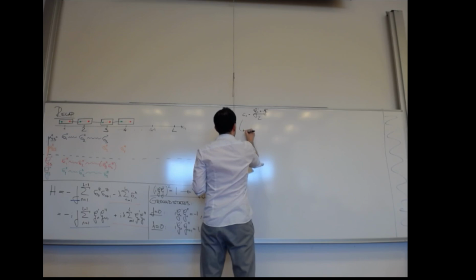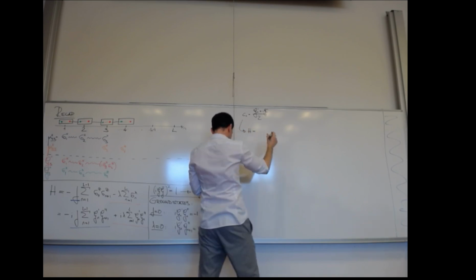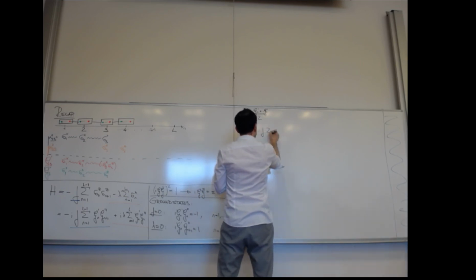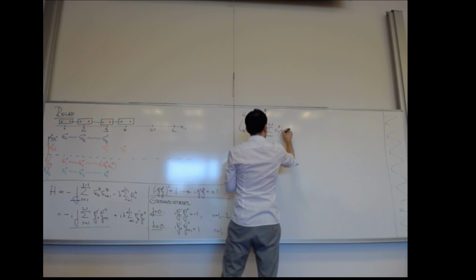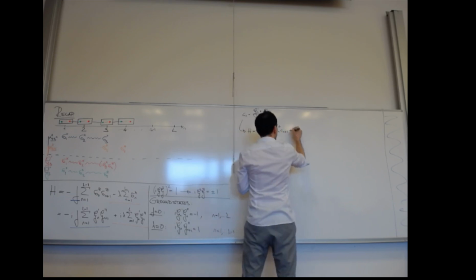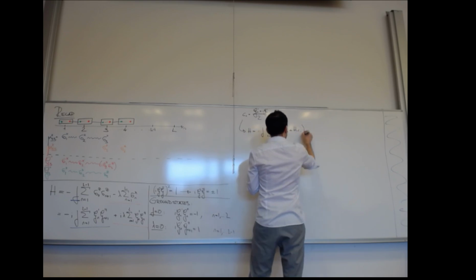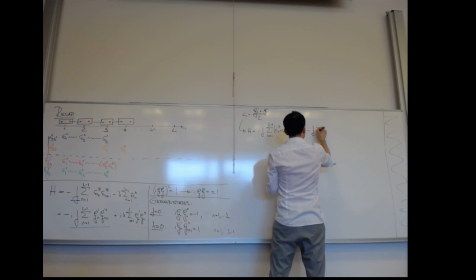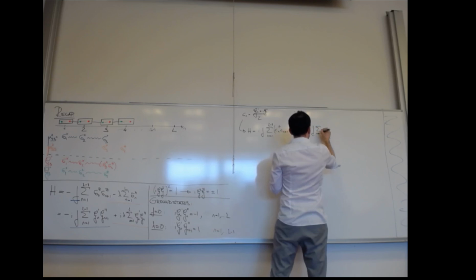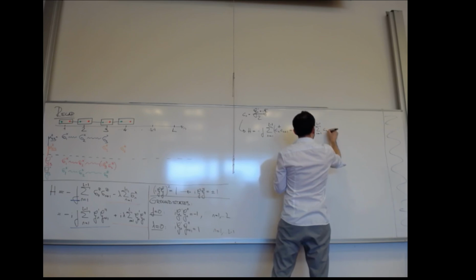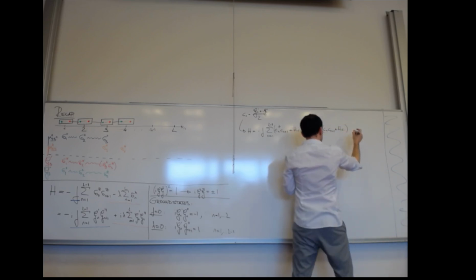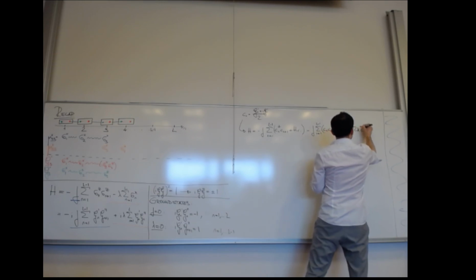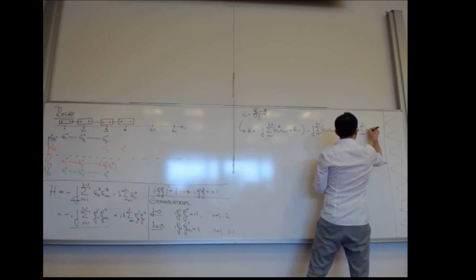So H equals minus J sum from n equals 1 to L minus 1 of c n dagger c n plus 1 plus Hermitian conjugate, minus J sum over n from 1 to L minus 1 of c n c n plus 1 plus Hermitian conjugate, plus 2 lambda sum over n from 1 to L of c n dagger c n minus 1.